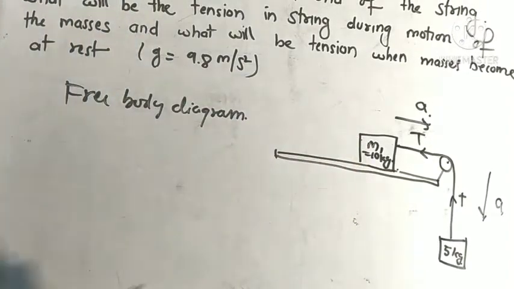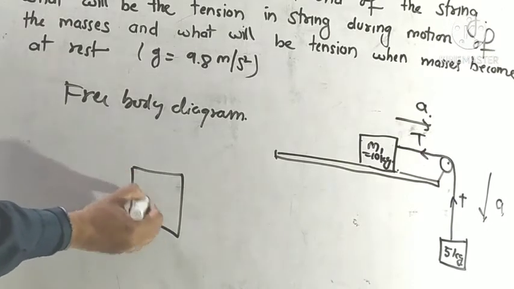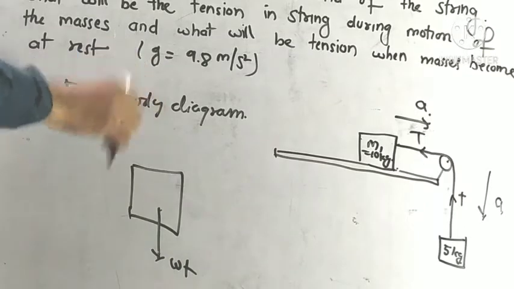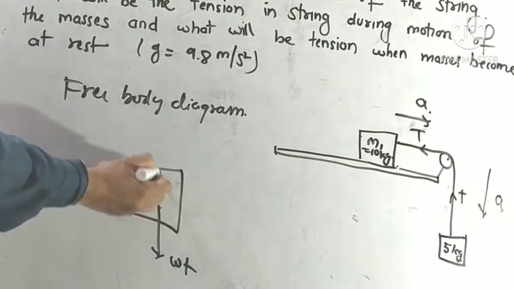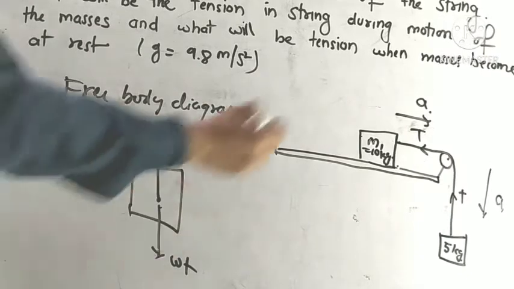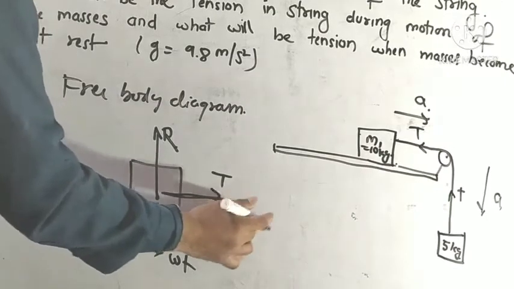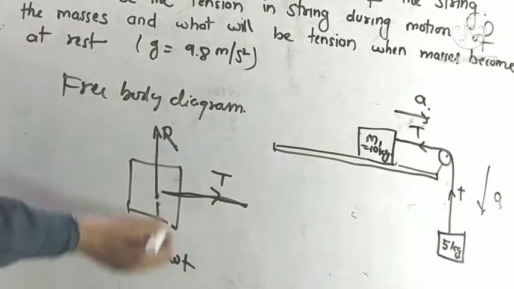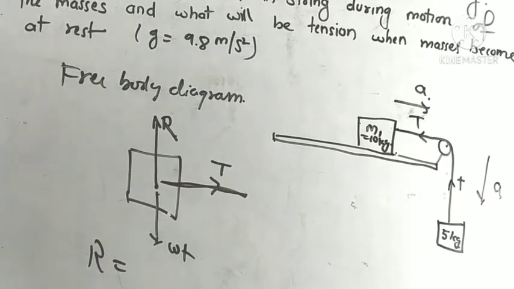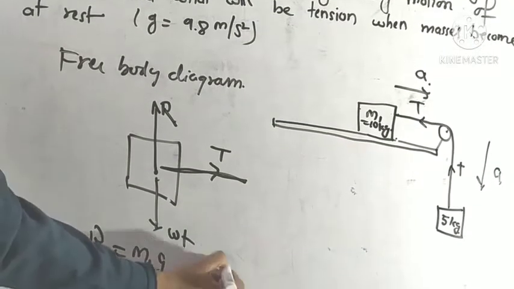There are three forces working on this body having mass m1: the weight of this body working vertically downward, the normal force working upward, and the tension T. These two forces balance each other, and R is equal to the weight of this body, m1g. This is equation number 1.